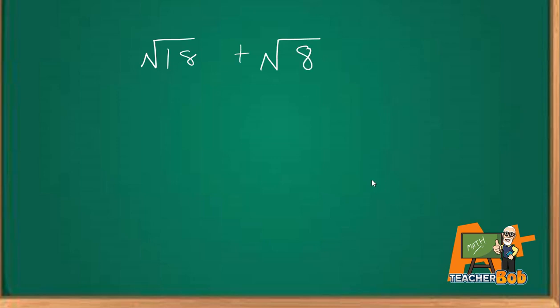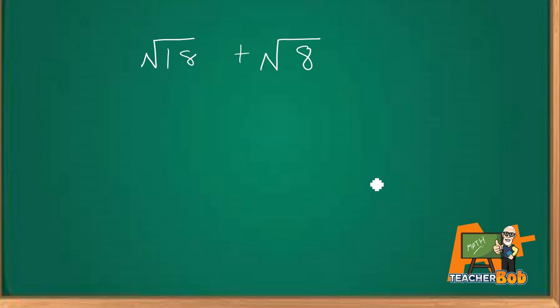Now, if we're adding or subtracting, we need to make sure that the indexes are the same and the radicands are the same in order to do our operations. So you can only combine radicals if they have the same index and the same radicand. So we have to break these down.